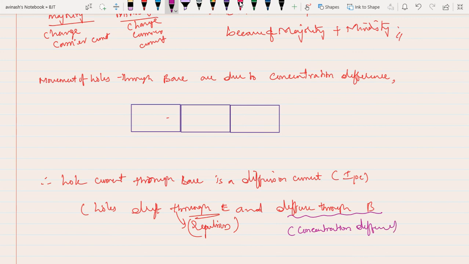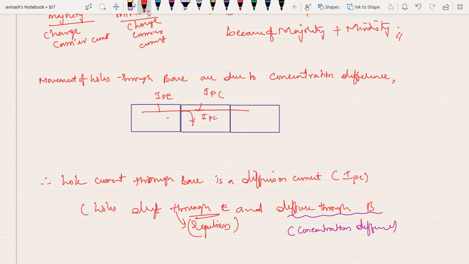If you understand, okay, this INE. Before that, let me take the majority current. This is IPE. This is nothing but the IPC. Yes or no? Then what is this one?